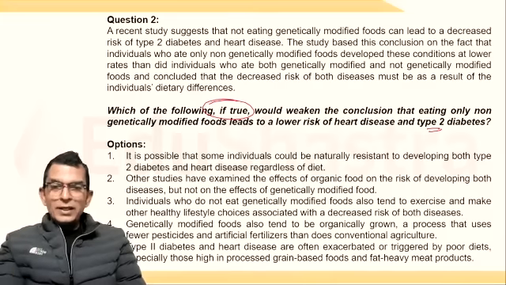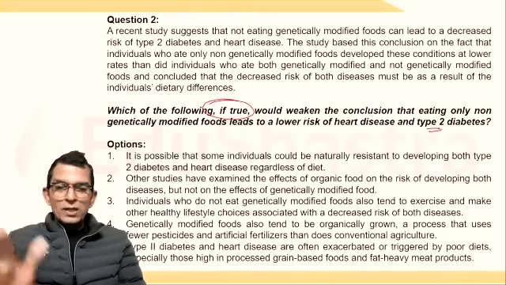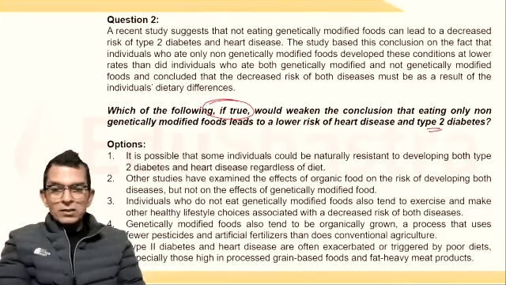So non-GMO foods are junk foods, therefore they cause type 2 diabetes. Is that the argument? Is that what you want to argue against? That non-GMO foods are junk foods? Sudeshna?